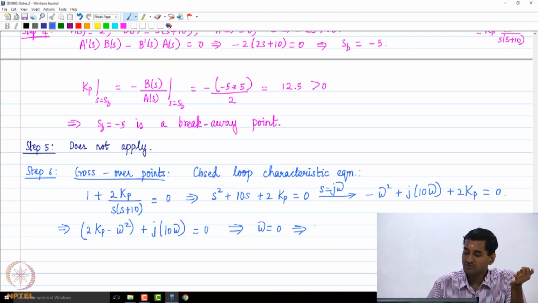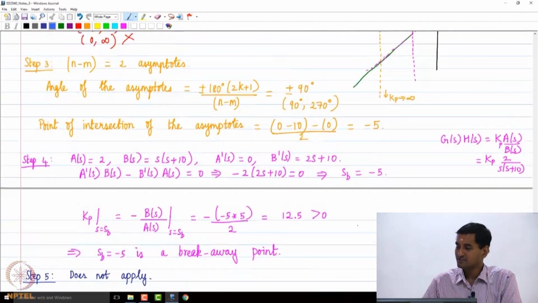If ω is 0, the real part gives us Kp = 0, correct? 2Kp - ω² = 0, you substitute ω = 0, what will you get? 2Kp = 0, or in other words Kp should be 0. So ω = 0, Kp = 0 is the only crossover point.